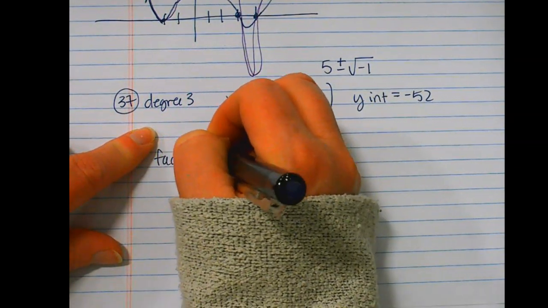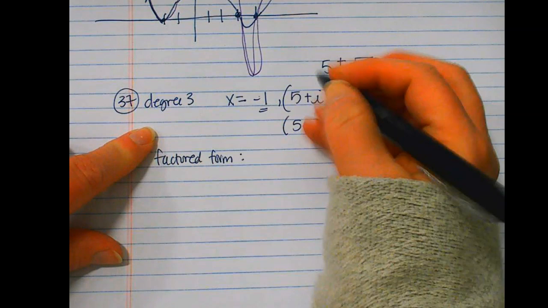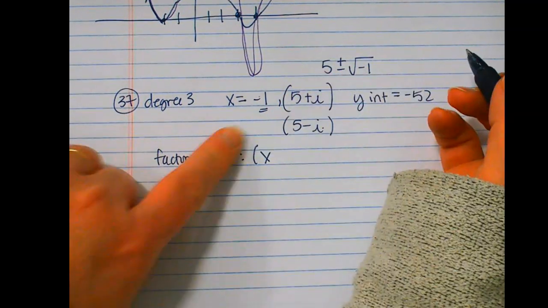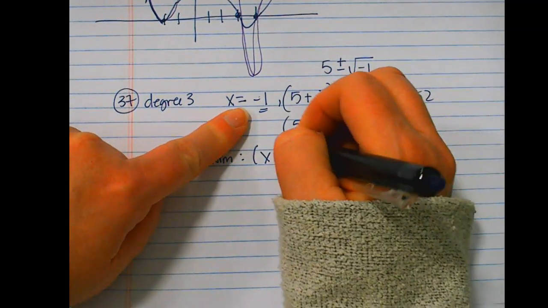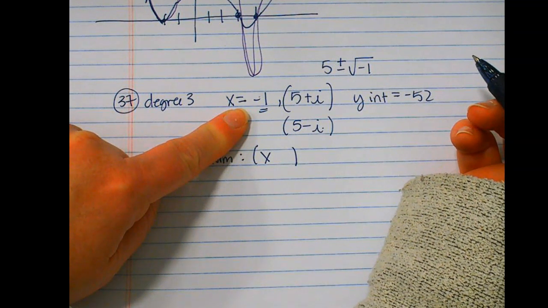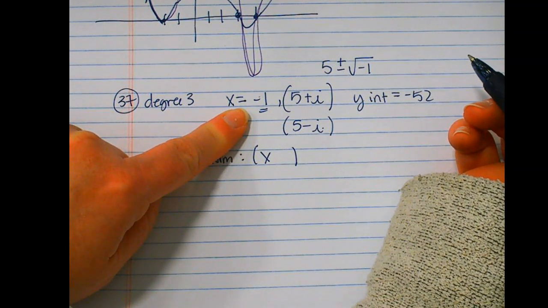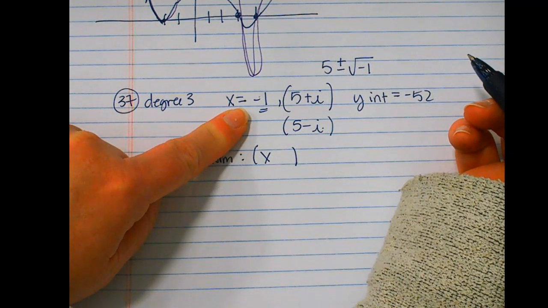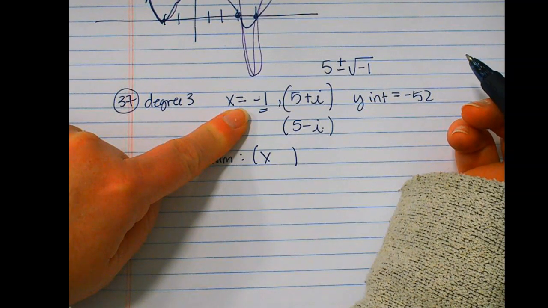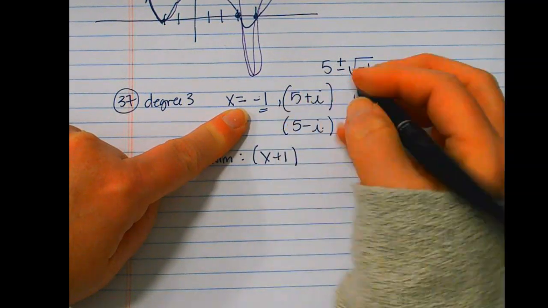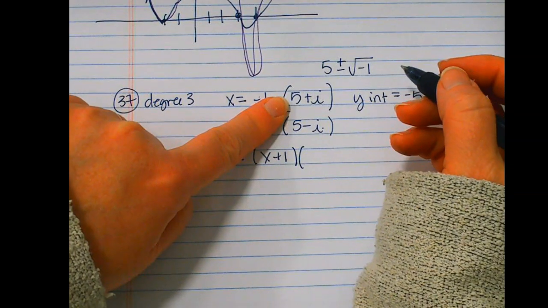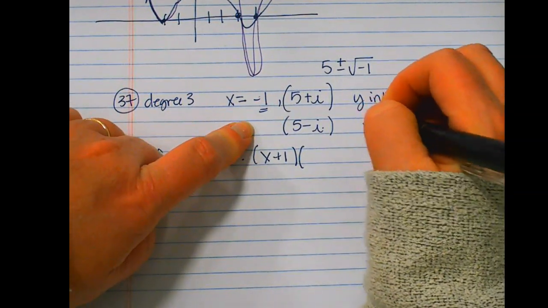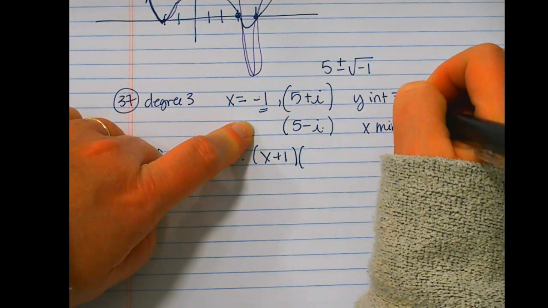The form before it's a polynomial. And that looks like x. Do I put +1 or -1 in my factor for this? +1. This one's harder. So it's always x minus when we write it out.